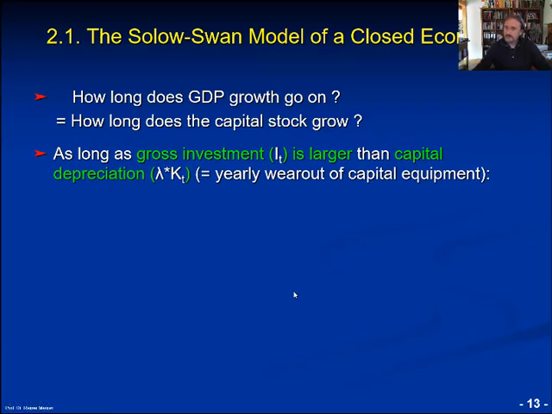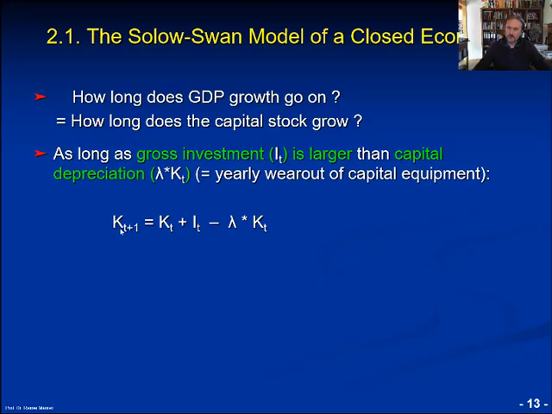The answer is as long as gross investment, symbolized by capital letter I of a specific year t, is larger than capital depreciation in this year, here symbolized by the depreciation ratio lambda times the size of the capital stock. We can therefore write down the following accumulation equation.